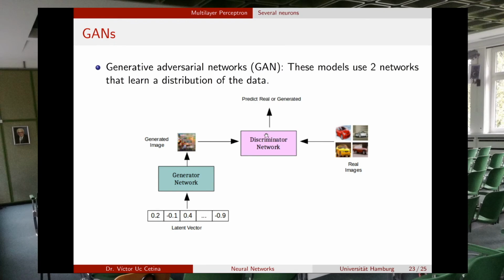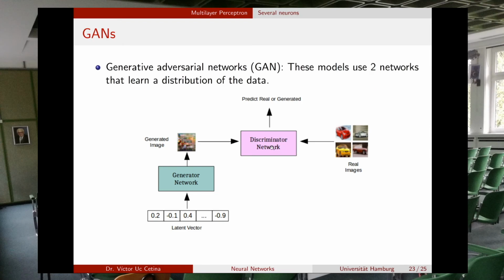So the discriminator is fed with false images created by the generator, and also with real images. The discriminator needs to discover if it is real or artificial. And the generator needs to improve the quality of the images each time to try to convince the discriminator that it is a real image.